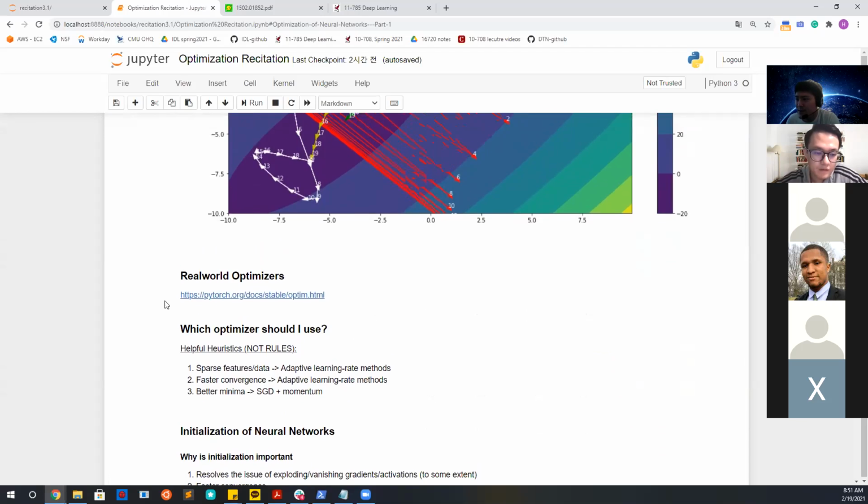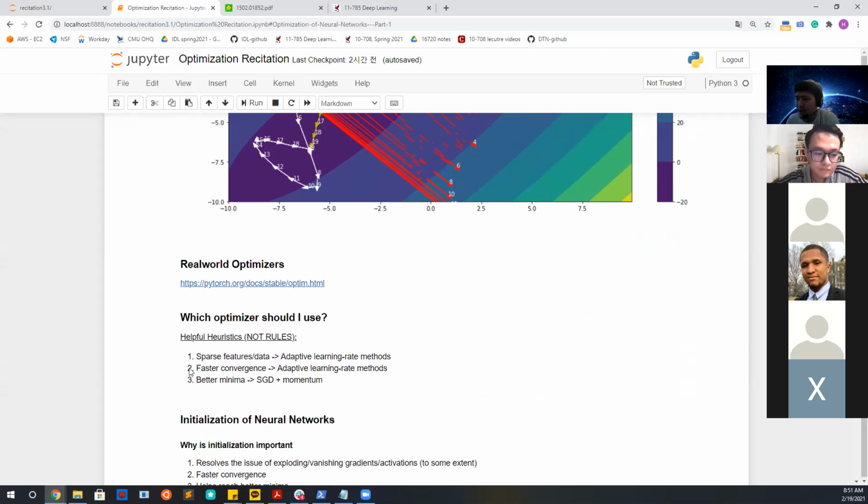Another interesting thing is that there are some heuristics, but they're mostly empirical, depending on which task and which data you have. Sometimes using SGD and momentum results in a better minima.